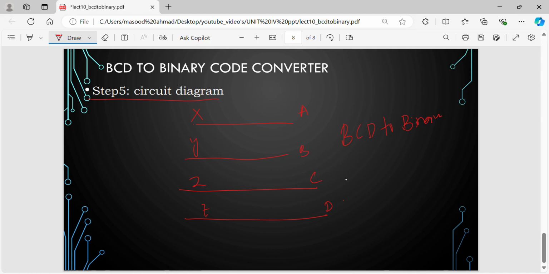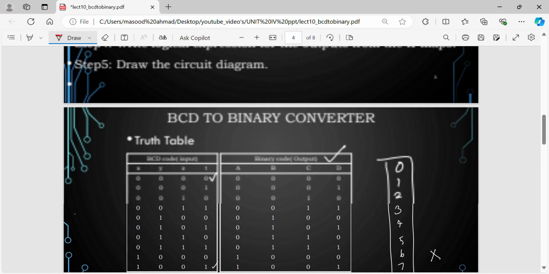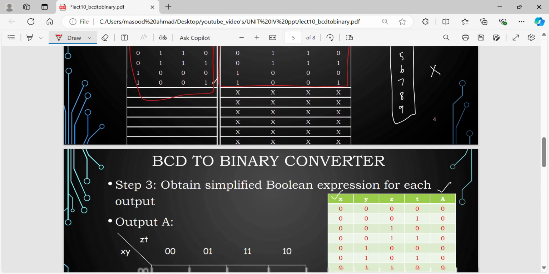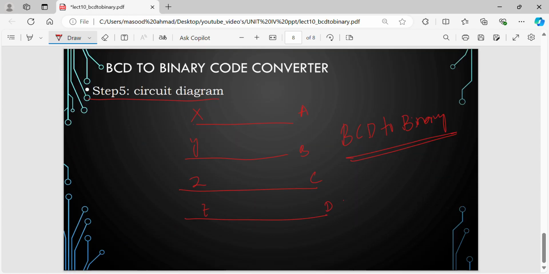What is the reasoning? The reasoning is very simple. If you look at the table, from input to output there is no change. BCD is equal to binary from 0 to 9. Hence, we don't require any particular converter for this purpose. This is the conclusion for the BCD to binary converter.